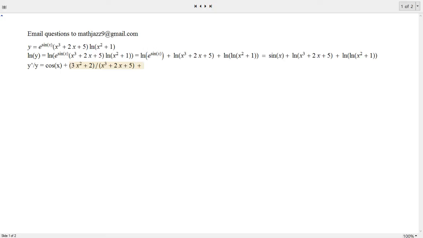And then the derivative of the natural log of x squared plus 1 is going to be the derivative of x squared plus 1, which is 2x, divided by x squared plus 1.